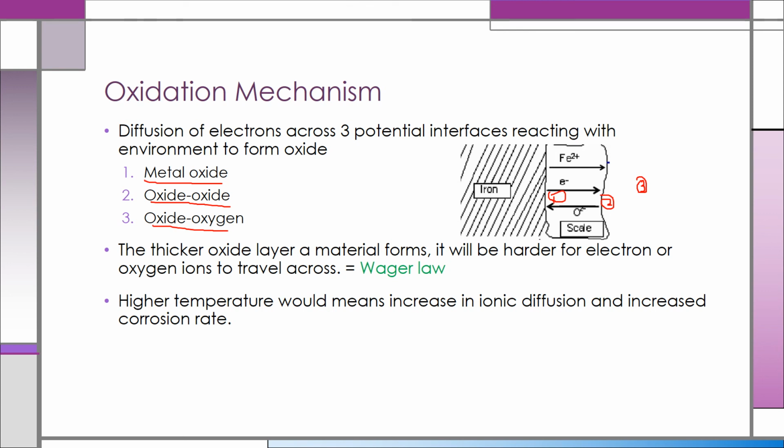The thicker the oxide layer that forms, the harder it will be for the electron or oxygen ion to travel across. It corresponds to this rate law. Also, as I mentioned just now, temperature plays a part. At a higher temperature, you increase the ionic diffusion and increase the corrosion rate.